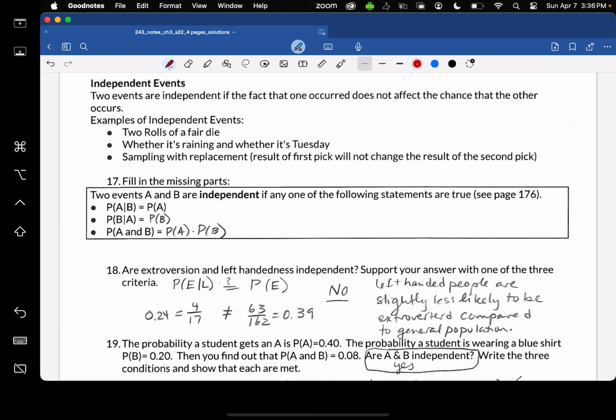Raining or Tuesday, those shouldn't have anything to do with each other. And if we go sampling in a bag of marbles, sampling with replacement, the result of the first pick will not change the result of the second pick.